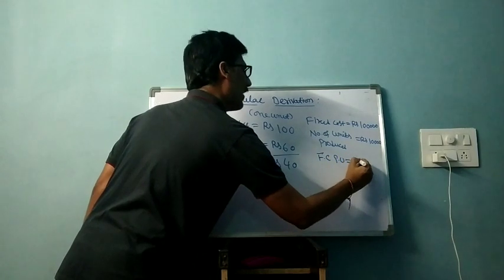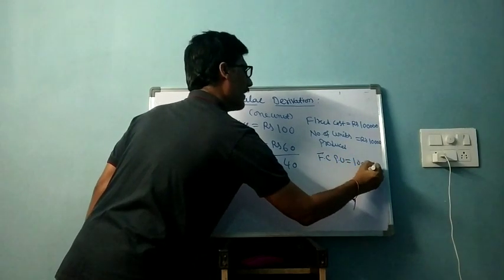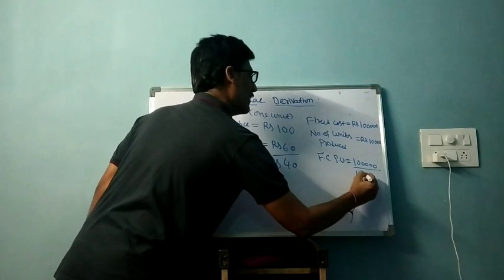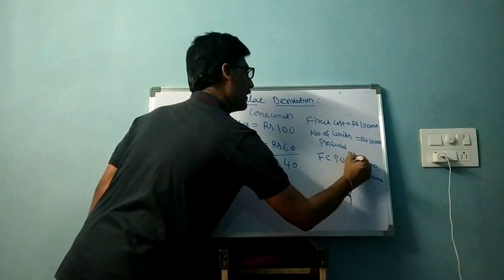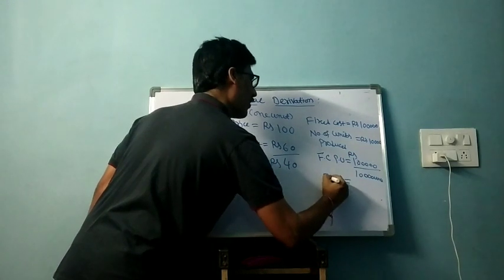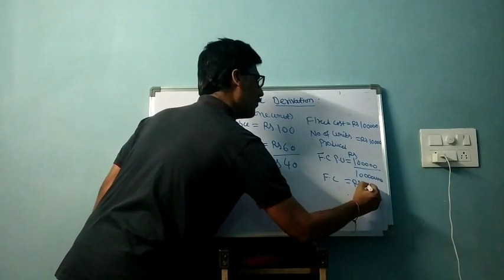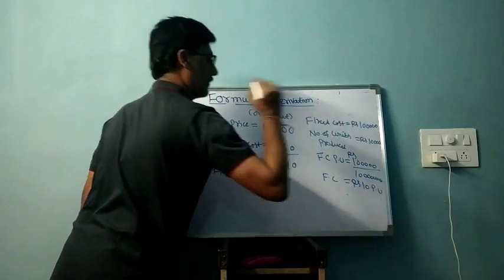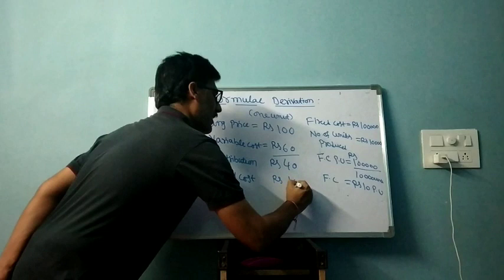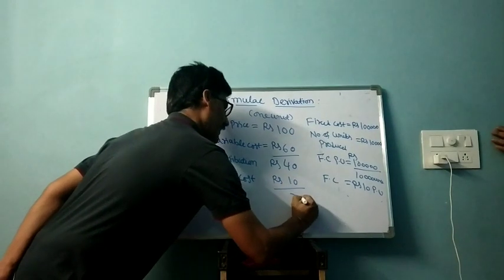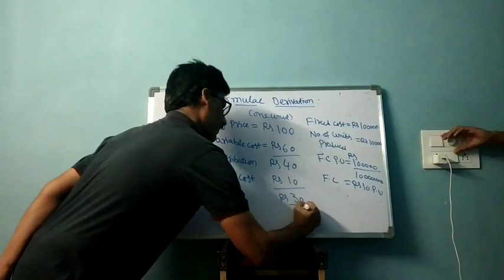It is 1 lakh divided by 10,000 units. This 1 lakh is rupees, this is units. How much does it work out to per unit? Fixed cost per unit is 10 rupees per unit. So these 10 rupees should be deducted from the contribution. We are getting profit. This 30 rupees is what? Profit.